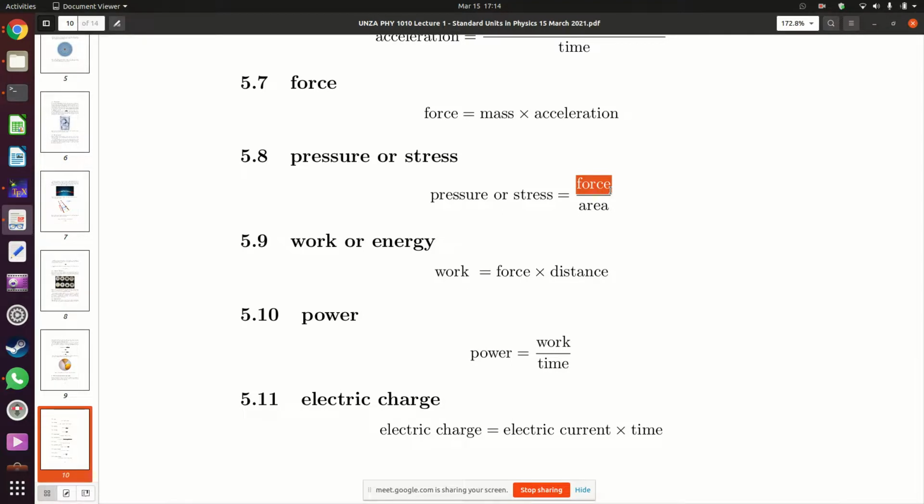One of the differences between pressure and stress is that stress usually occurs inside an object, and the pressure is exerted on the surface of the object. So pressure is exerted outside the object, stress is inside the object.